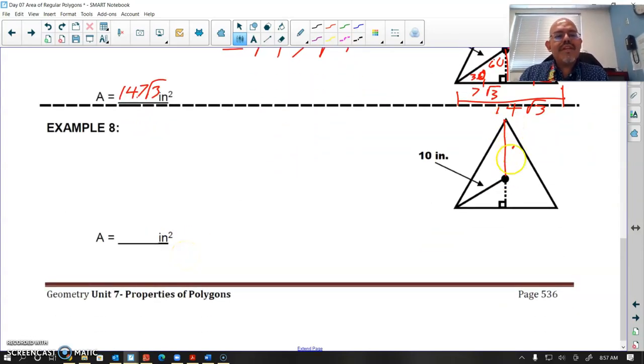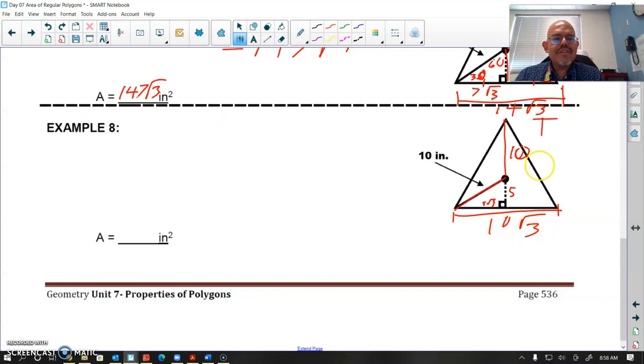This length is 10. Remember that the apothem is half of whatever the hypotenuse is of this small right triangle. So this is 5, and then you've got 5 square root 3. That gives us a side length of 10 square root 3. So we take 10 plus 5, that's 15.